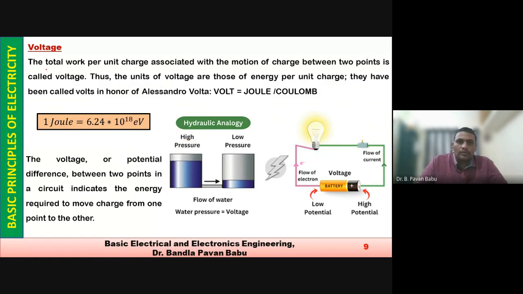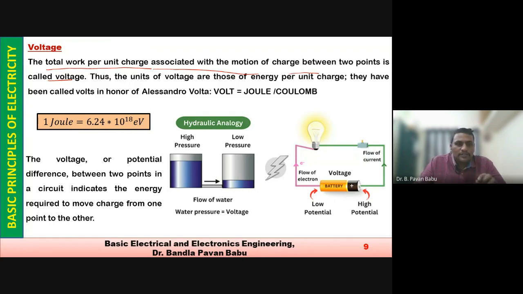The total work per unit charge associated with the motion of charge between 2 points is called voltage. I repeat once again: total work per unit charge associated with the motion of charge between 2 points. Whichever is convenient for you to remember, you can follow that.